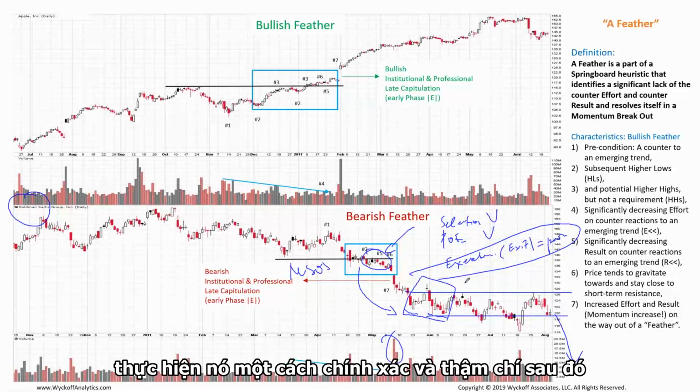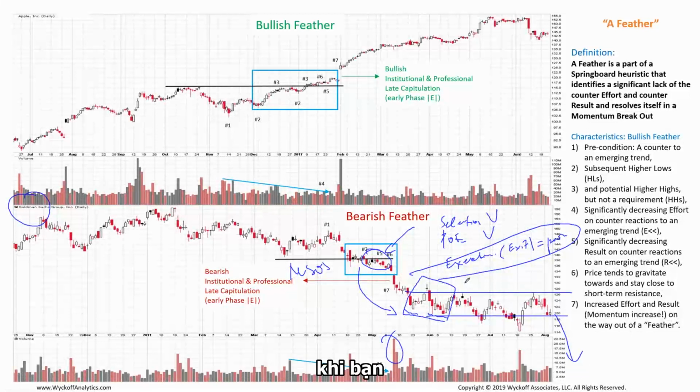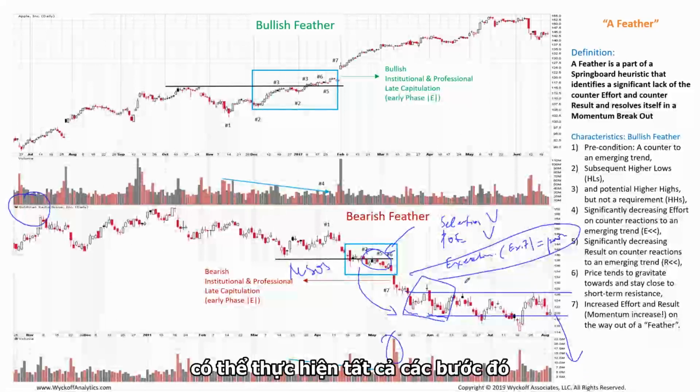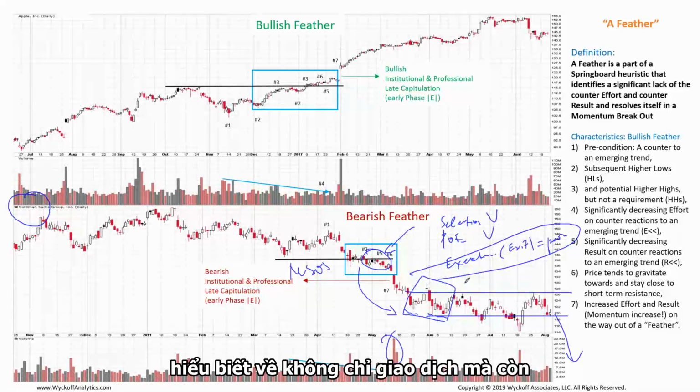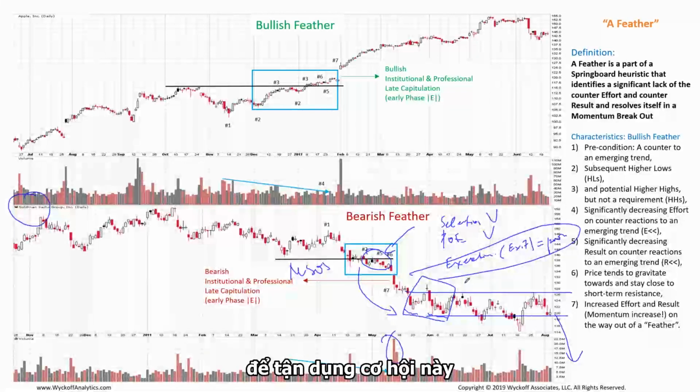And even then, when you can go through all of those steps and you are at the level of advanced understanding of not just trading but yourself, you still can fail to leverage this opportunity.